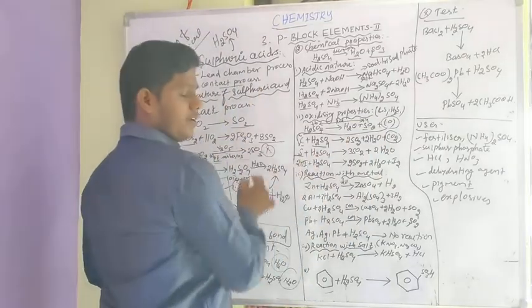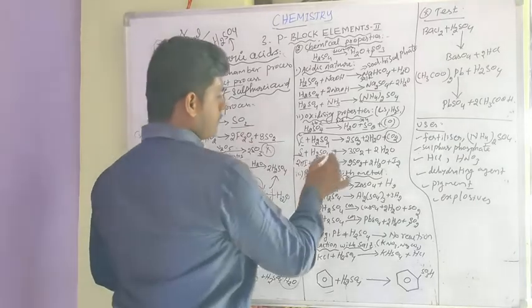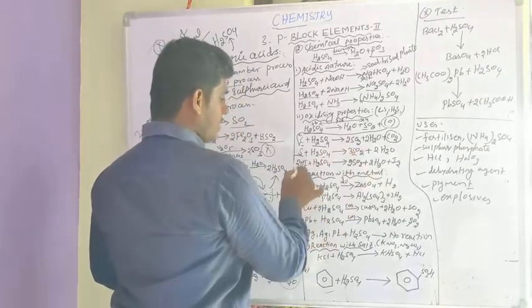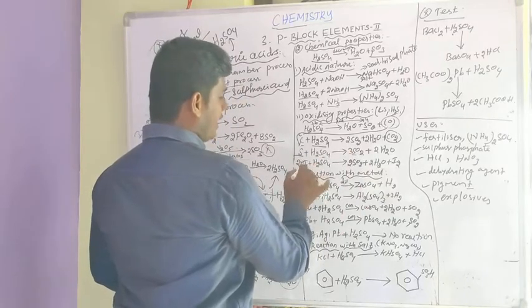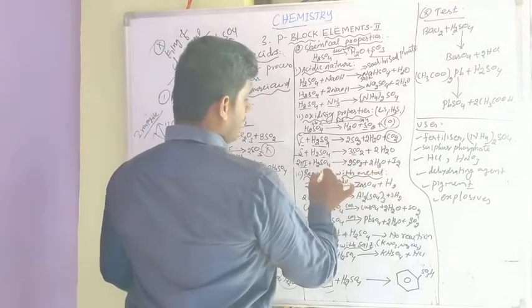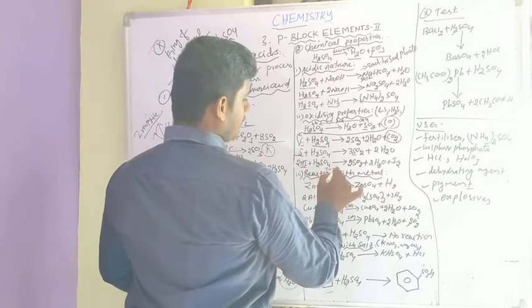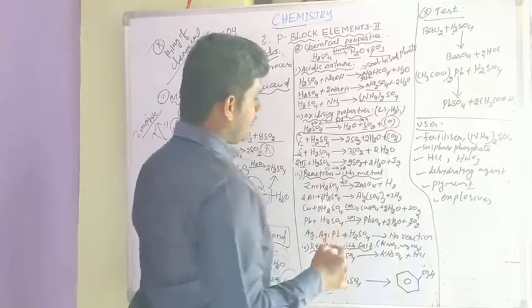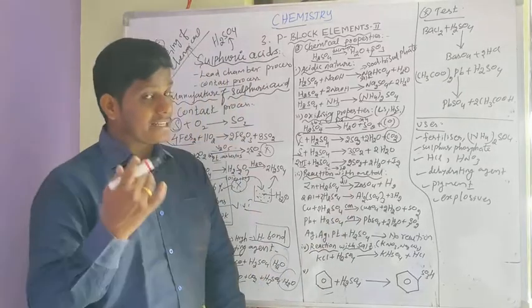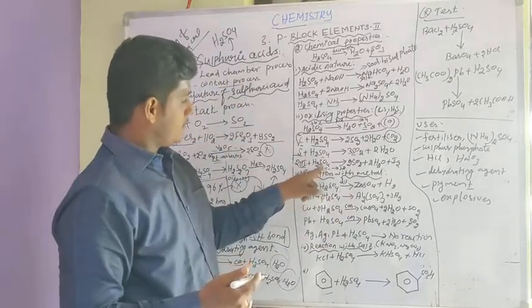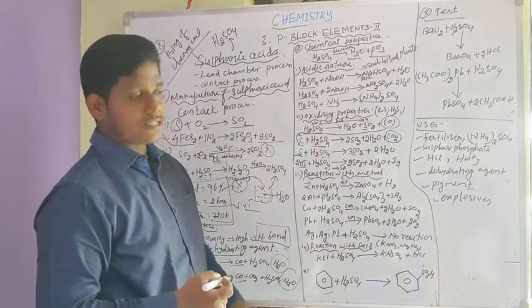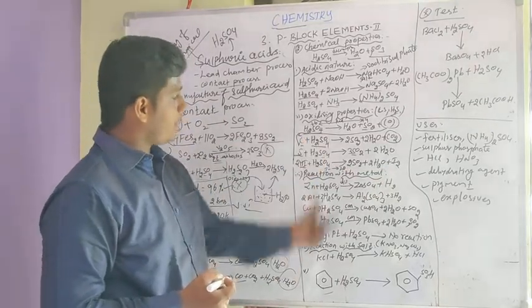Another non-metal, sulfur, reacts with sulfuric acid to give SO2. In hydrogen iodide, the iodide ion I minus is converted into the I2 iodine molecule, so the oxidation number increases; it is also the oxidizing property.